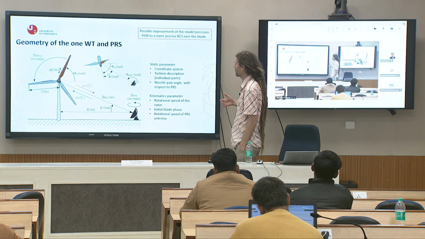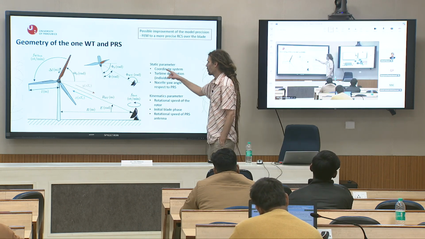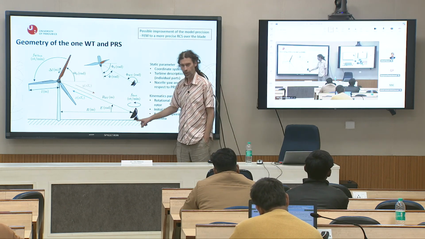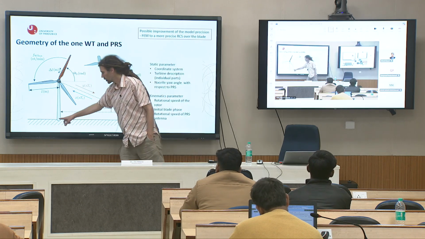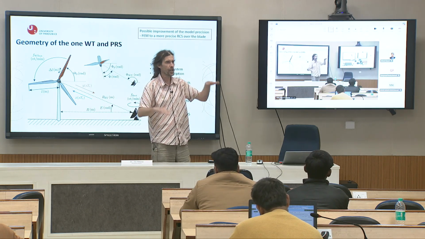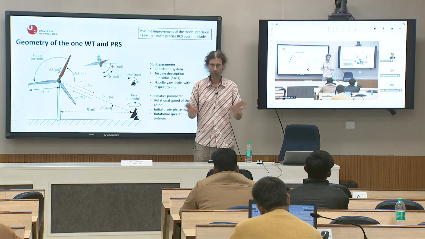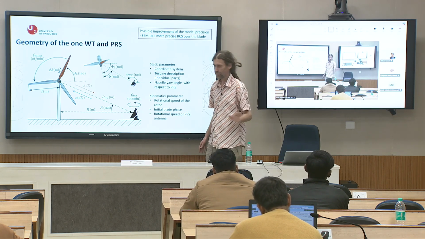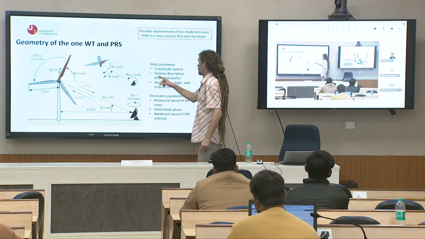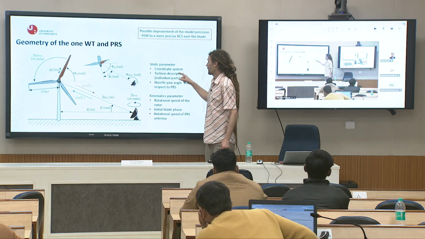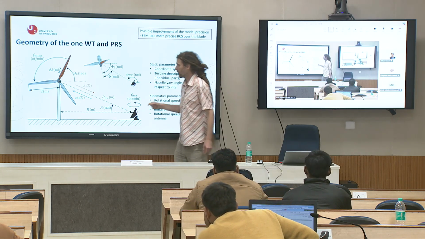I will start with static parameters. Coordinate system, so position of the radar and position of the wind turbine in Cartesian x, y, z. So clear, I think. Then static is the turbine description, individual parts.